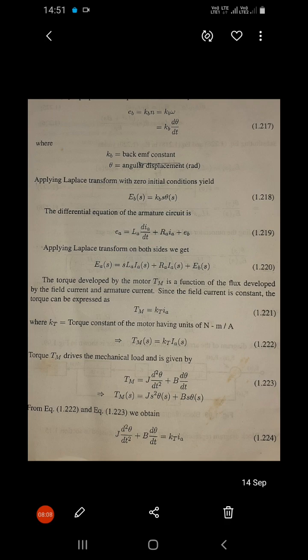After applying the Laplace transform, the equation will be T_m(s) equal to J s square theta(s) plus B s theta(s). This is equation number 1.223. From equation 1.222 and equation 1.223, we can write J d2 theta by dt2 plus B d theta by dt equal to K_t I_a.